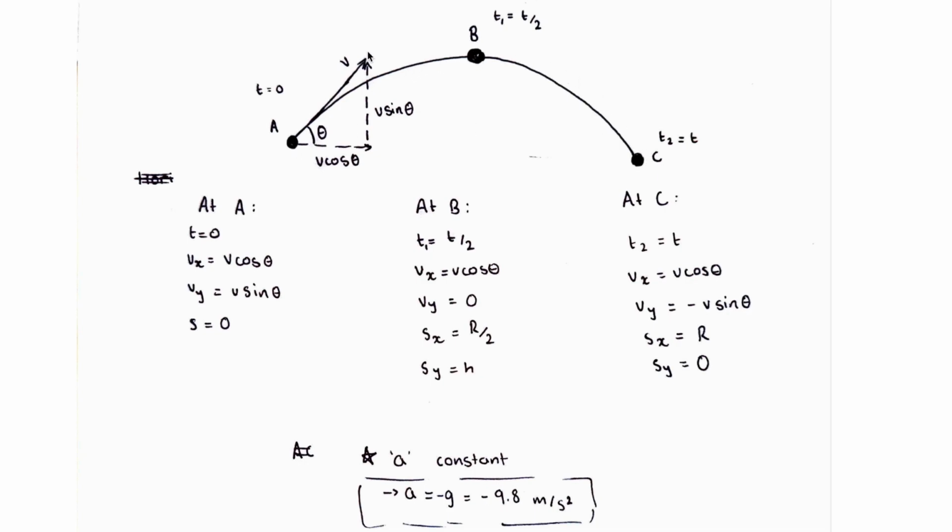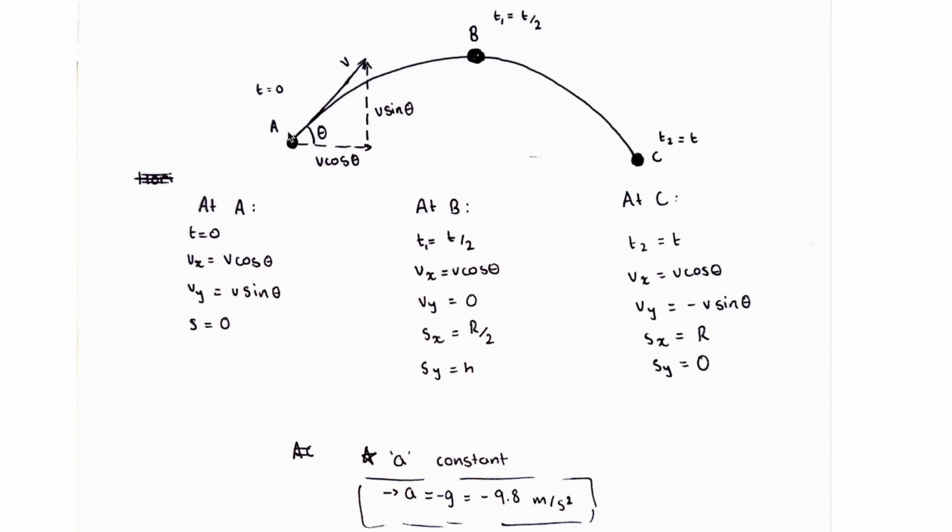Now when we begin with velocity v at angle theta, then using the vector addition formula or whatever we learned, you can use the trigonometric ratios to find out that the vertical component is v sine theta and the horizontal component is v cos theta, since adjacent upon hypotenuse and opposite upon hypotenuse.